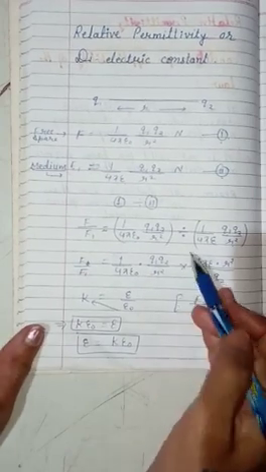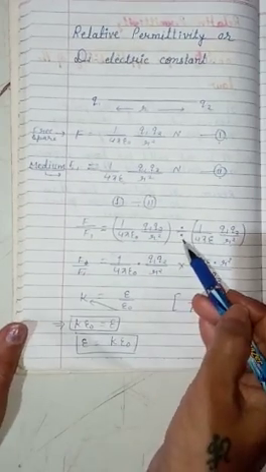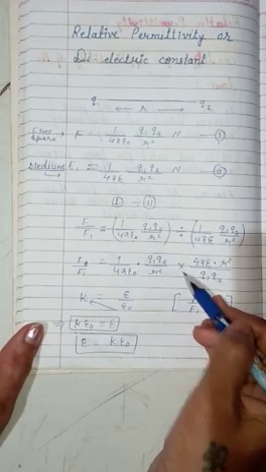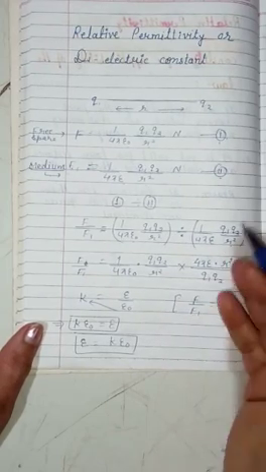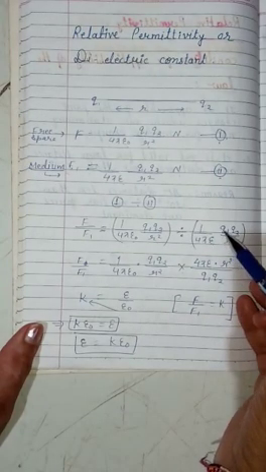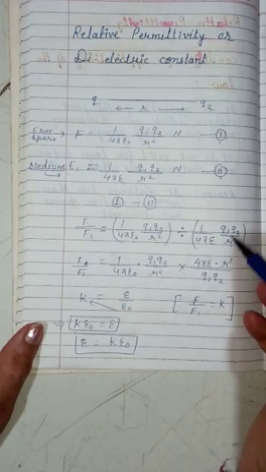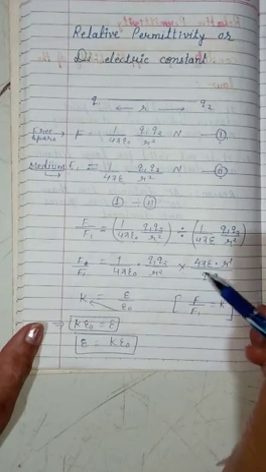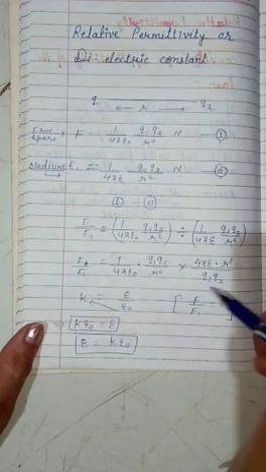Now we are going to solve. When we change the division sign to a multiplication sign, the numerator goes to the denominator and the denominator goes to the numerator. It means we take its reciprocal.